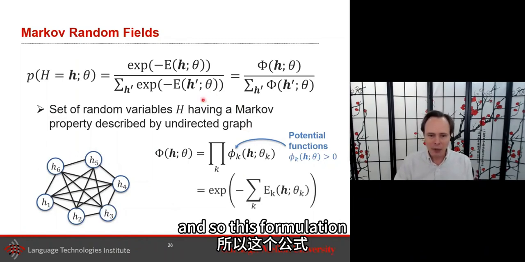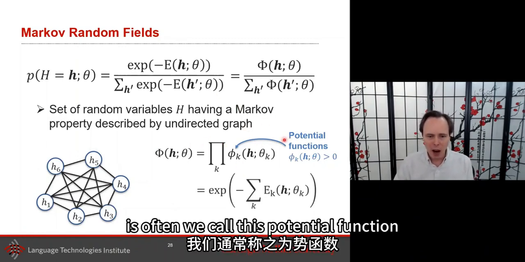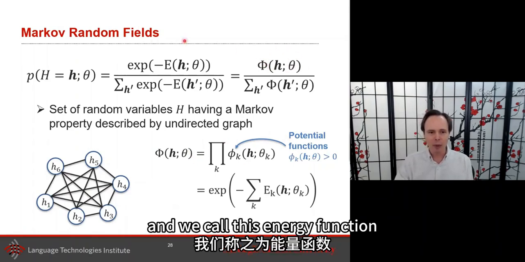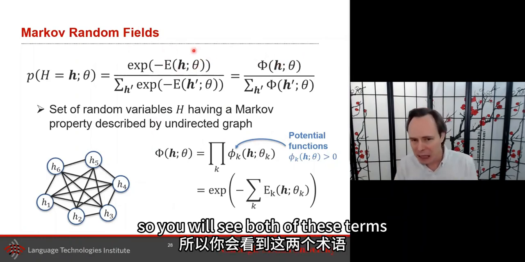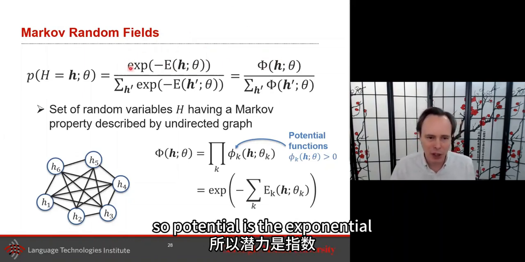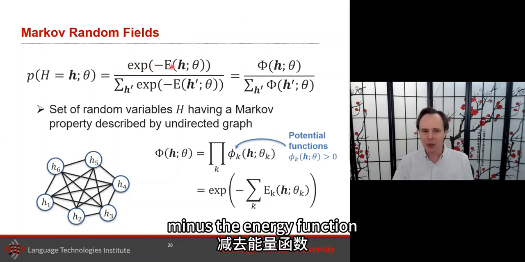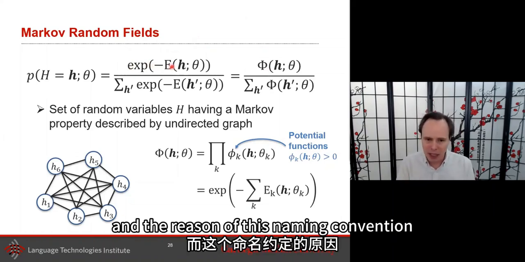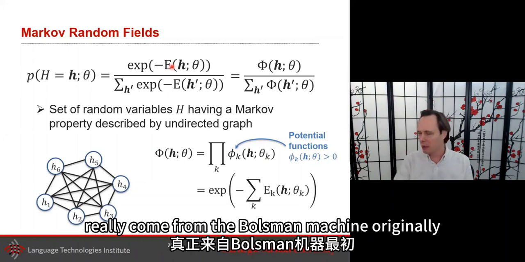This formulation we call the potential function, and we also call this the energy function. So you will see both of these terms. Potential is the exponential of minus the energy function.